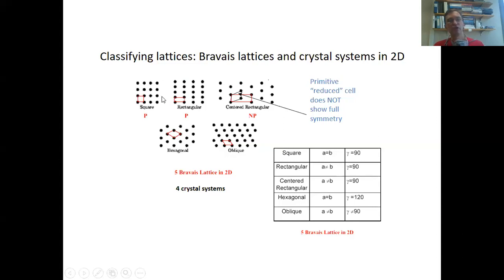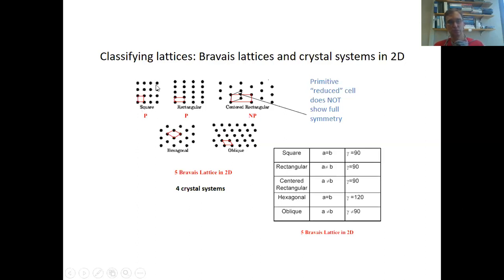The crystal system with the highest symmetry is the so-called square crystal system. In the square crystal system, we have lattice points that contain a unit cell in which the unit cell parameters A and B are the same, and the angle between A and B is equal to 90 degrees.